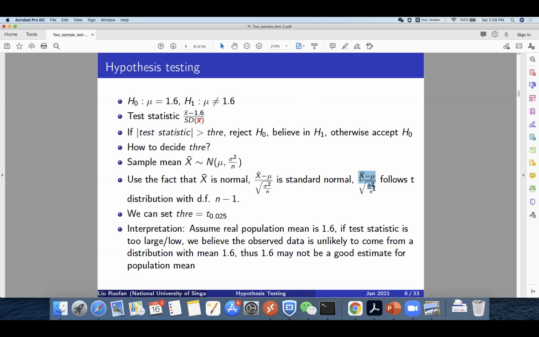Once we know what kind of distribution my test statistic follows, things become easier because I can set my threshold based on the quantile of my distribution.